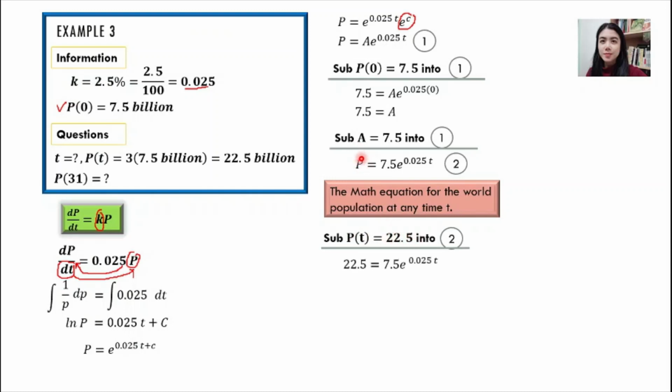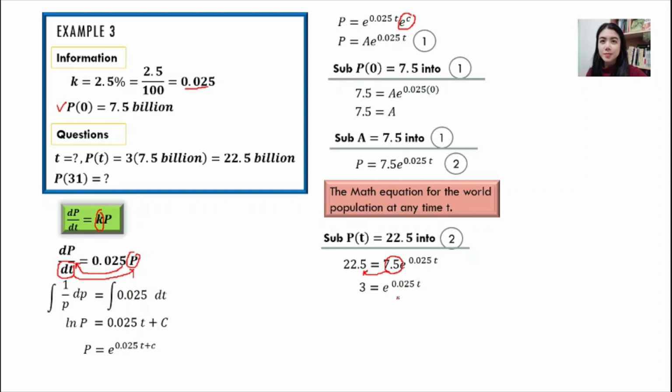So substitute your p equal to 22.5 into here. And the t is unknown. So we just copy back the right hand side. Now you have to manipulate it. You have to bring the 7.5 to the left hand side. So we have 22.5 divided by 7.5, that gives you 3.